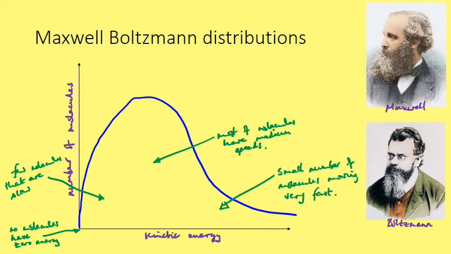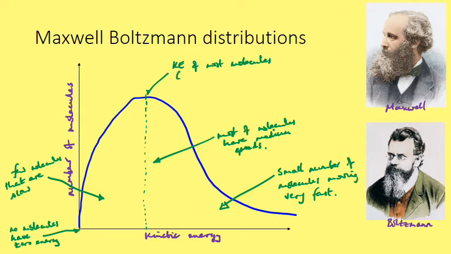So at this point in the curve here, right at the top, we're going to draw a little dotted line down to the bottom of the x-axis, because that point is the point that tells us the kinetic energy of most molecules.